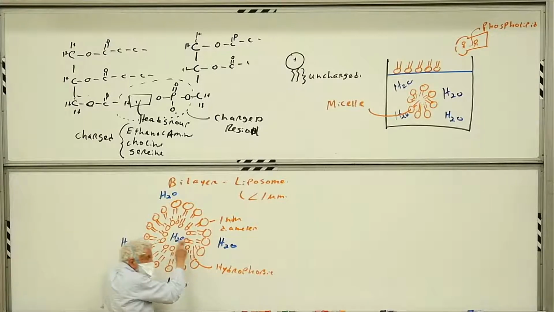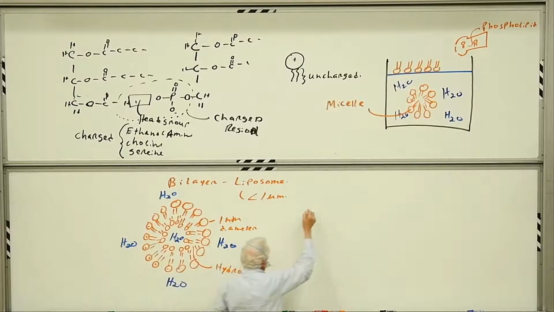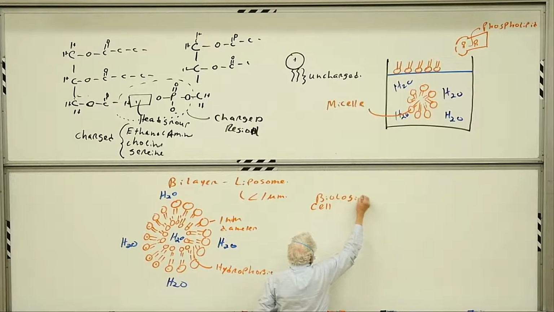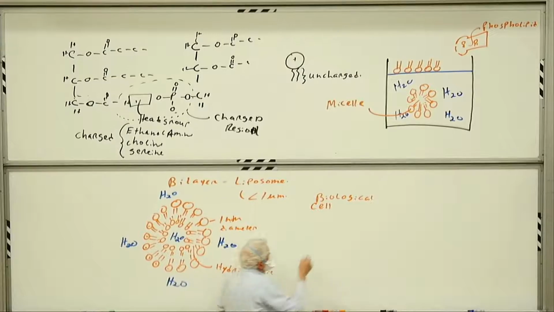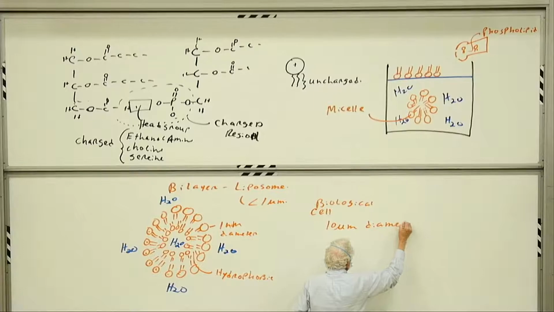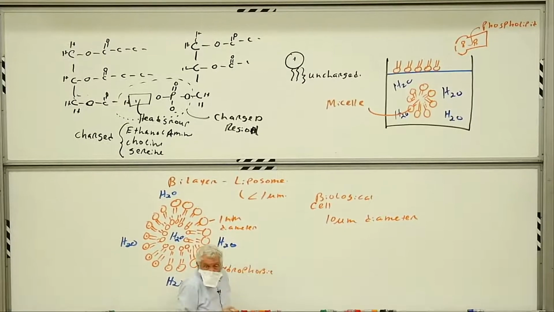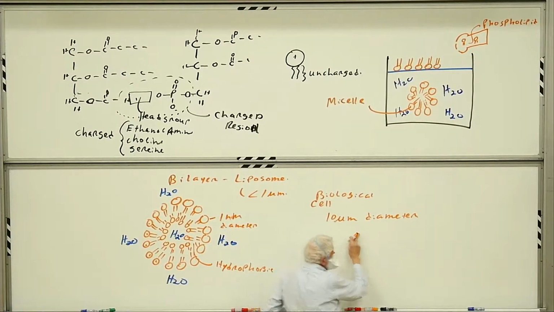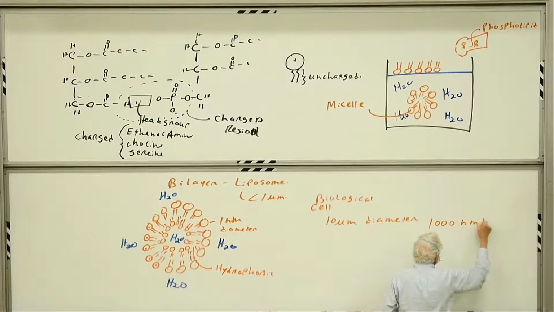Now, imagine if we would take this liposome and enlarge it to something the size of a biological cell. Let's use round numbers. Let's say the cell is 10 micrometers in diameter. That's not an unusual size for a biological cell. Well, if it's 10 micrometers in diameter, you have to remember that there are 1,000 nanometers per micrometer.